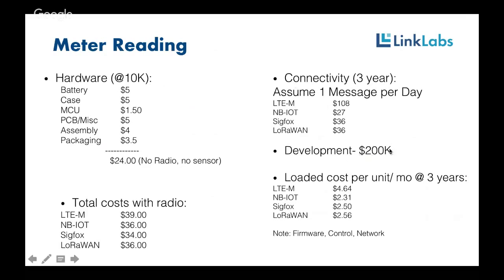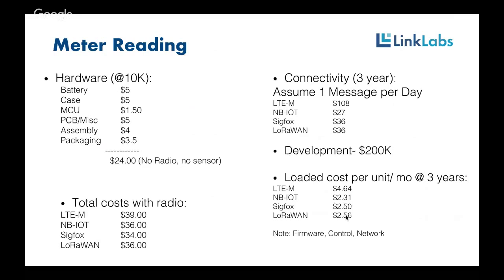This fixed $200K development budget stays the same. And here you can see that NB-IoT now is competing right in the same price points as Sigfox and LoRaWAN. And that's, I think, what the technology was designed for. My guess is that 5 to 10 years from now, you're going to see millions of meters using NB-IoT. Your water meter, electric meter, things that need to be connected everywhere but don't have much to say.